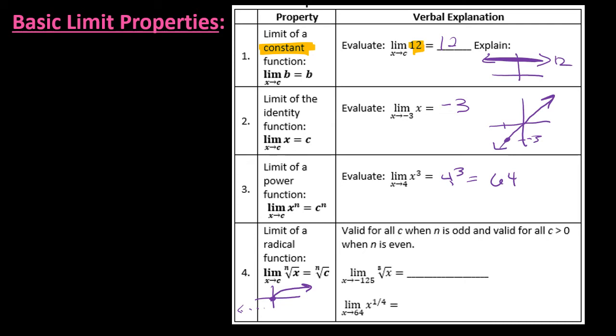So if we think about the cube root of x as x approaches negative 125, this is really going to be the cube root of negative 125. We can take the cube root of a negative number, because negative 5 times negative 5 times negative 5 gives me negative 125.